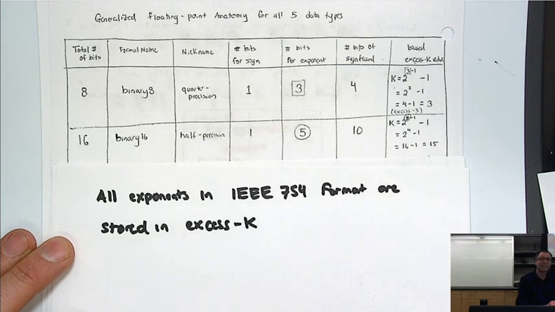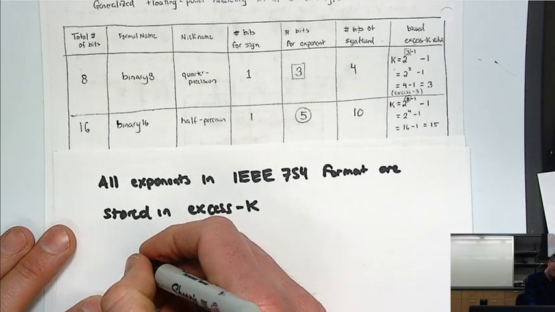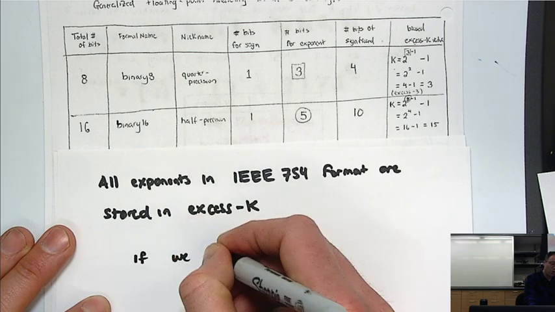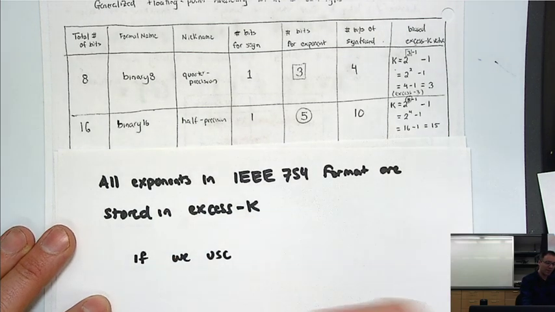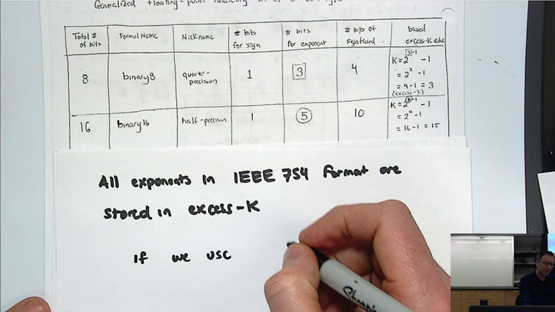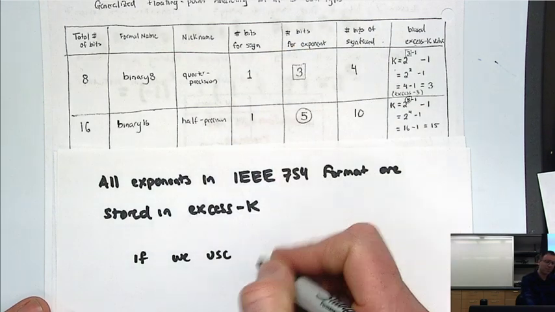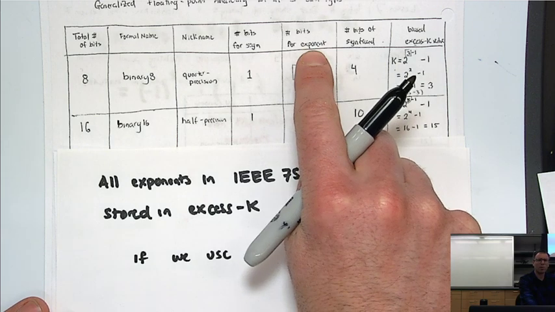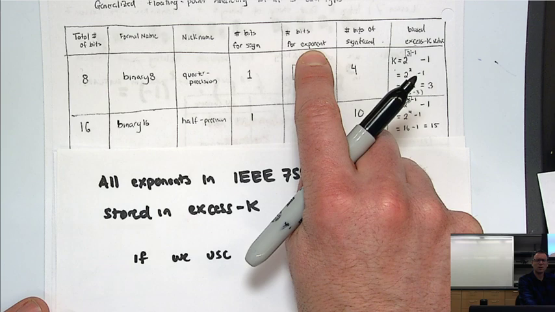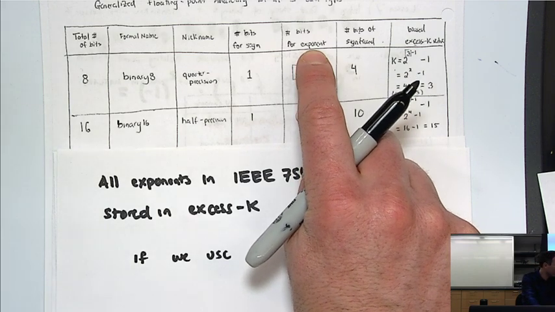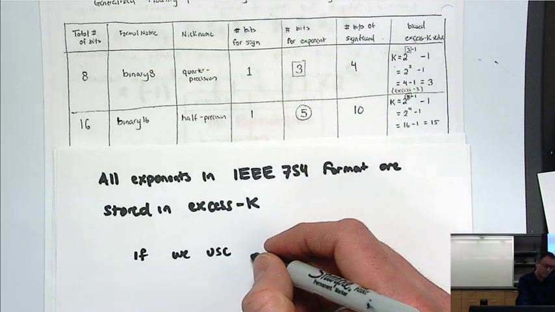What we're going to call excess K, if we use, I don't even know what I should call this thing, the number of bits for the exponent. I haven't really thought about it. Number of bits for the exponent? Well, I always thought that was significant figures. What's the maximum? Yeah, but like I need a, I don't want to call it, maybe call it beta.